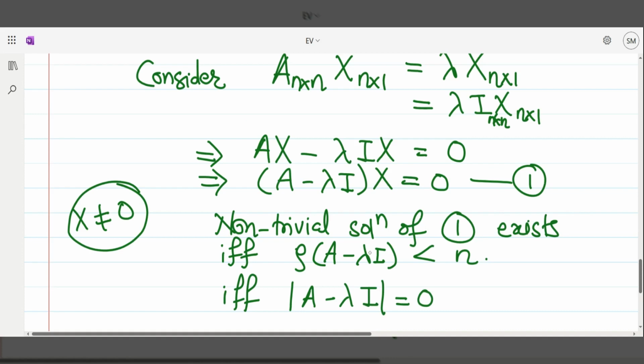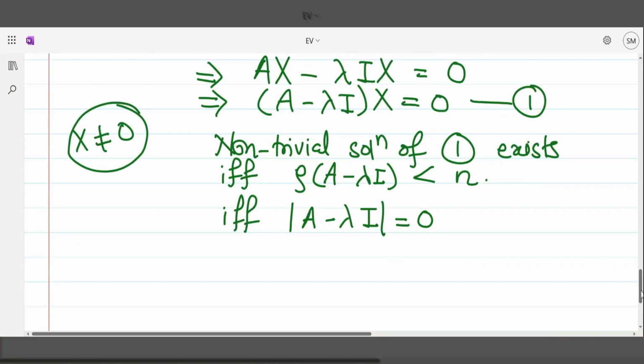For a square matrix, for the determinant to be 0, we must have rank less than n. So this is the condition we derived, determinant of A minus lambda I equal to 0, for the existence of a non-trivial solution to system 1.